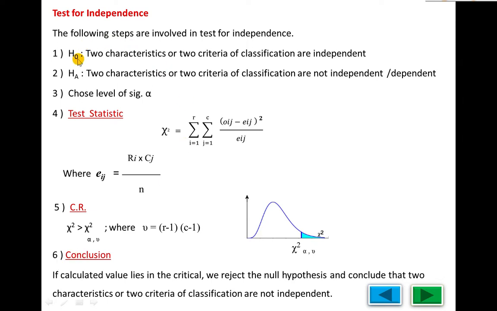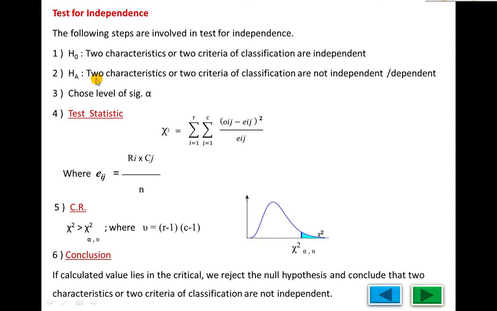The null hypothesis is that the two characteristics or two criteria of classification are independent. This is the general statement, but we will write it according to the data or question. Suppose you have two variables, qualification and types of job. The null hypothesis will be that educational qualification and jobs are independent.